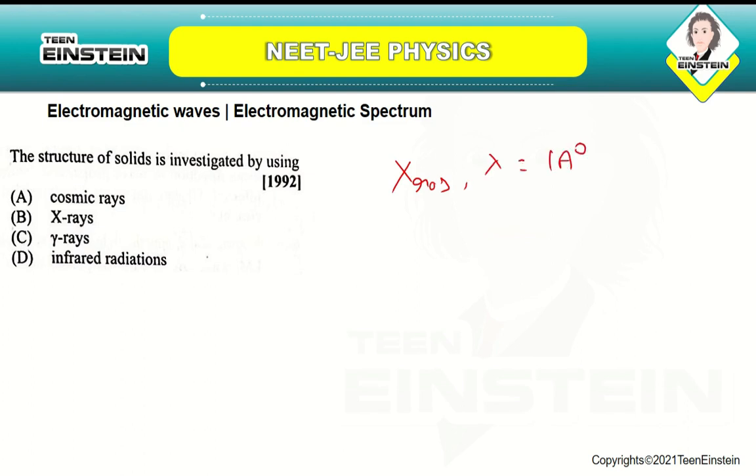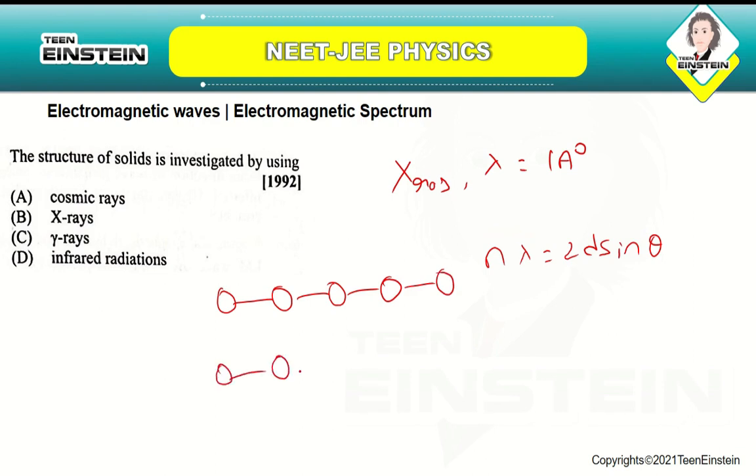This wavelength is suitable for diffraction to occur. We know Bragg's law, n lambda equals 2d sin theta. When Bragg's condition is satisfied, the X-rays will diffract on a crystal structure. So you will have a crystal structure like this, with different planes.